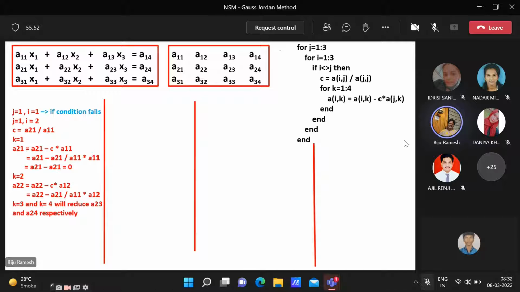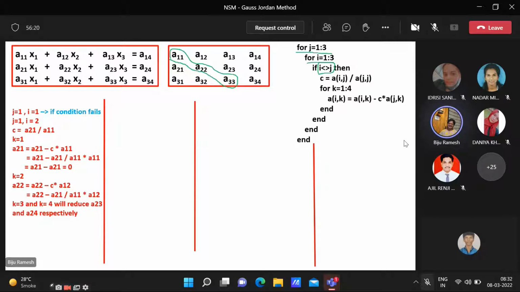So now here we have used J as the outer loop and I as the inner loop. So as I said, J will represent the row and I will represent the column. Next, we have used a condition I not equal to J. Why have we used this condition? Because we will not touch these elements.